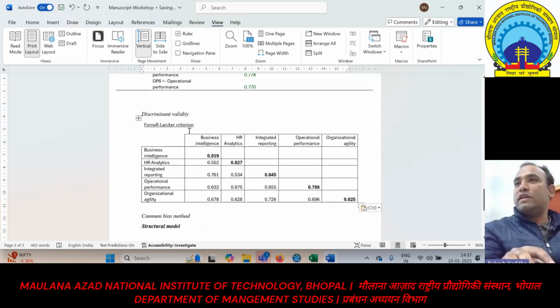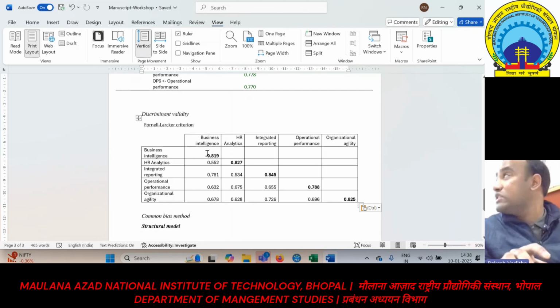Here I have pasted that discriminant validity. Here I have highlighted the diagonal bold values. It indicates the square roots of AVE of that particular construct.